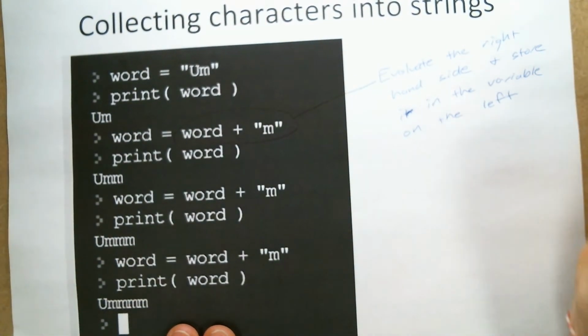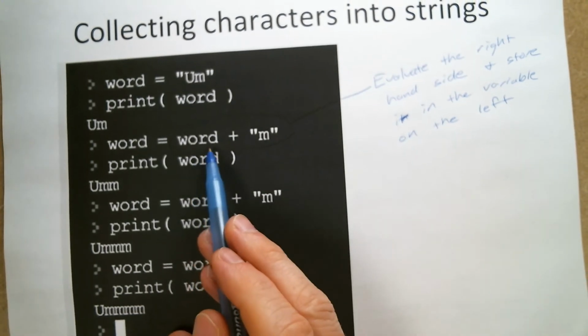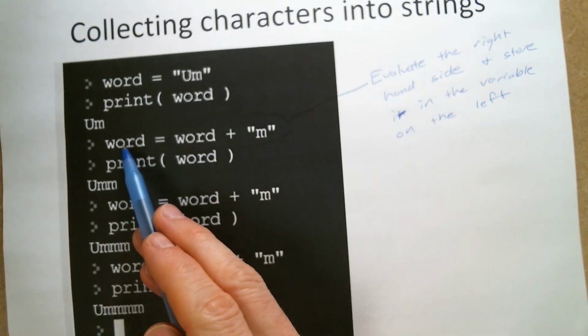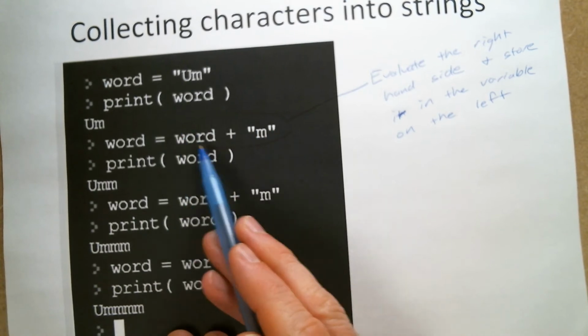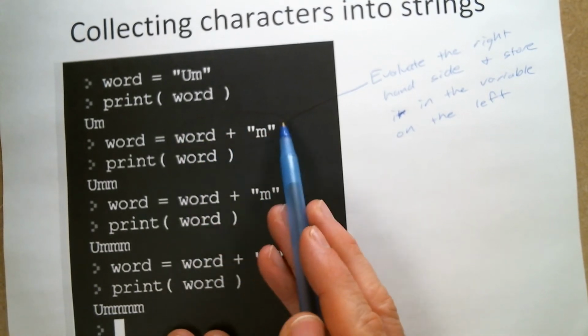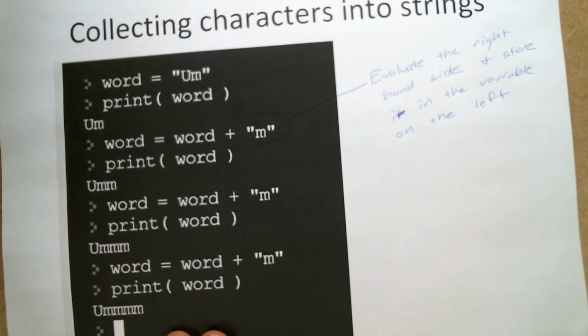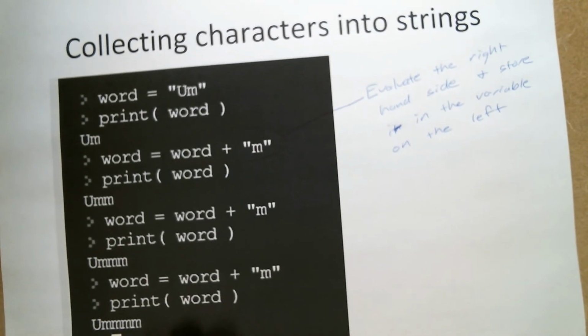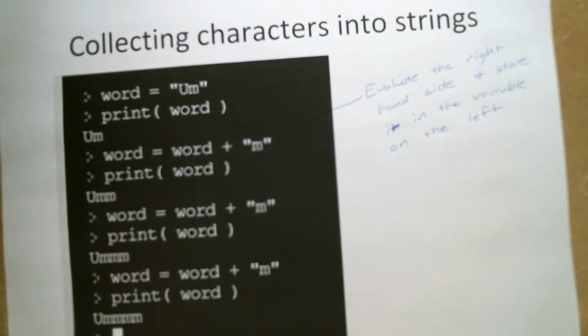So you can't flip those around. You always have to have the addition on the right side, the variable on the left side, and then we evaluate this addition or this combining of strings and store it in the left-hand side. And again, that's going to become really relevant in the next few slides because we're going to use it to build different things.